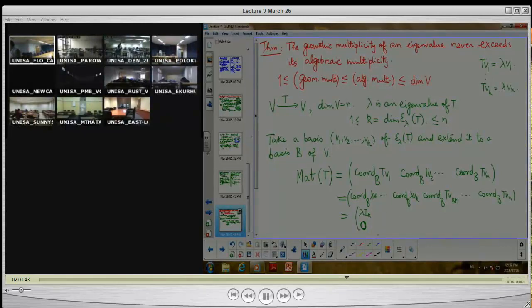P has k rows and n minus k columns, and Q is a square matrix of order n minus k. Okay? So this is your matrix, let me give this a name.